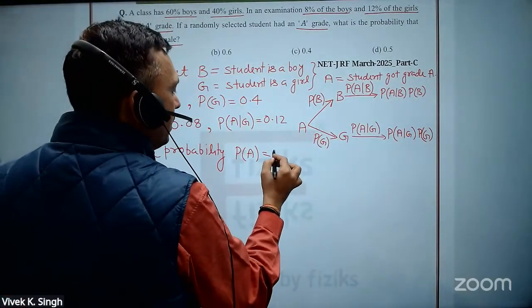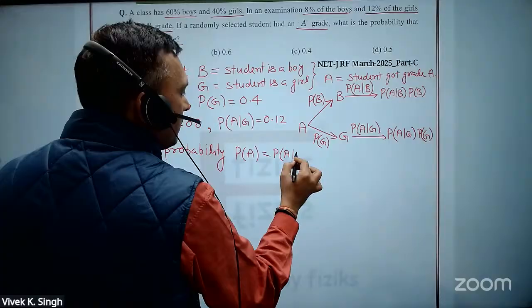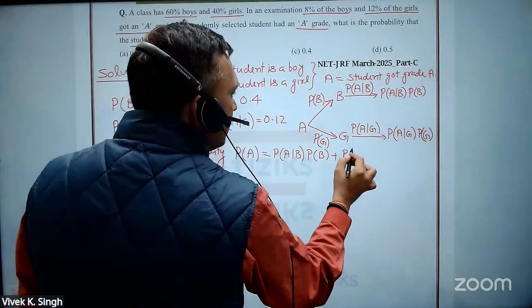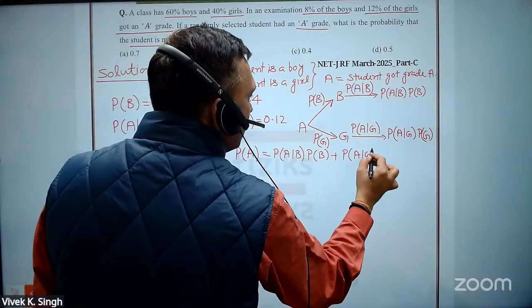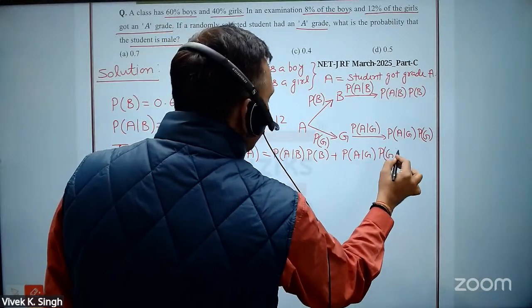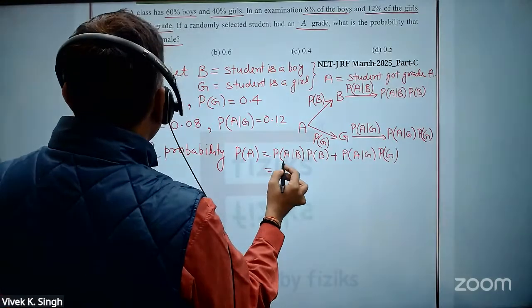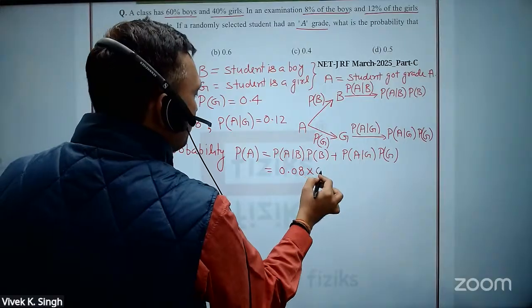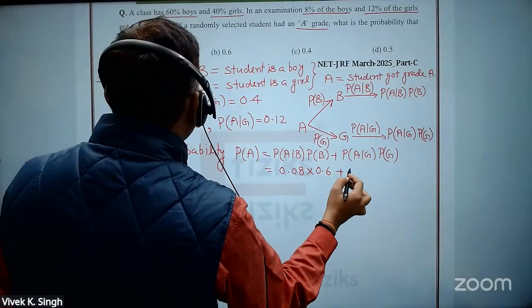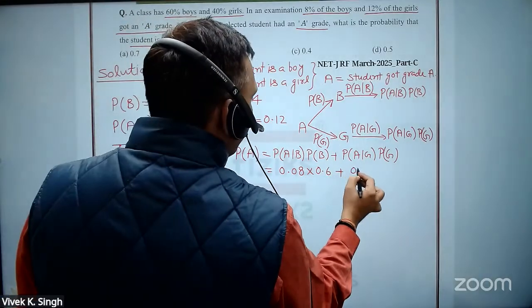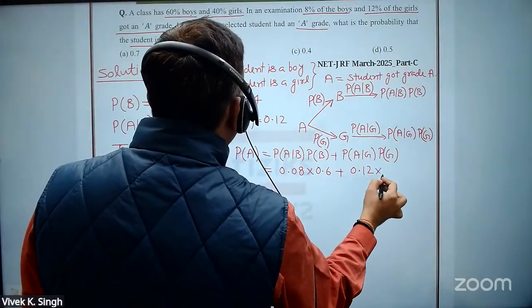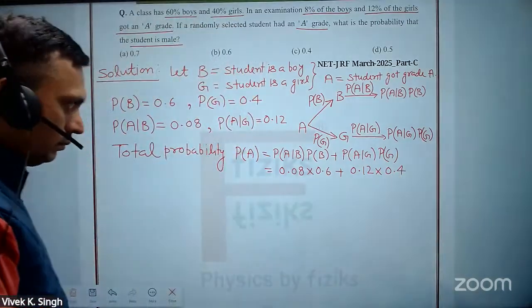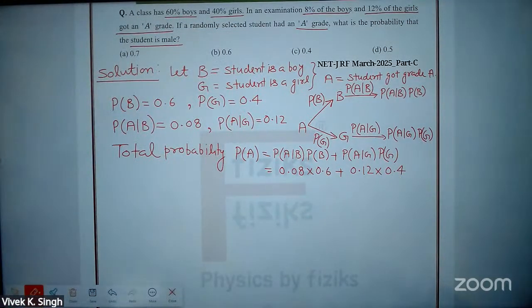So that will be 0.08 into 0.6 plus 0.12 into 0.4. So what value will you get here?